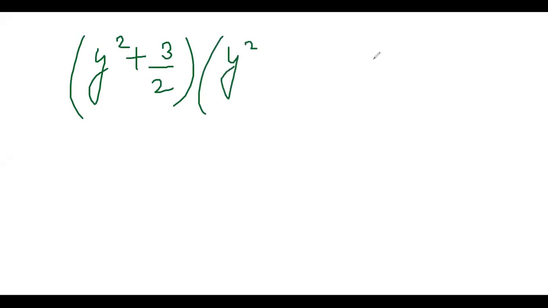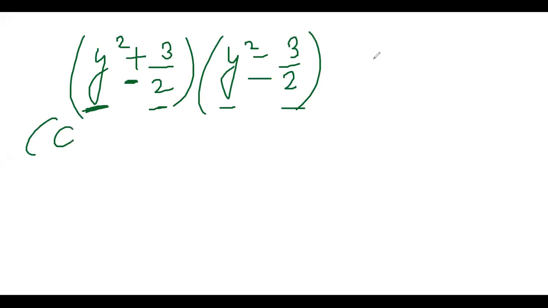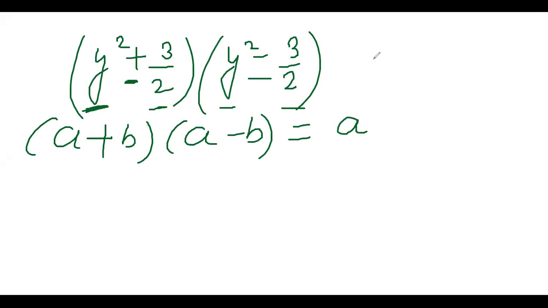Let's try next part now. It's (y square plus 3 upon 2) into (y square minus 3 upon 2), right? So one is positive, one negative, and the values are same here. So yes, we'll use here third identity, which is (a plus b) into (a minus b) is equal to a square minus b square.